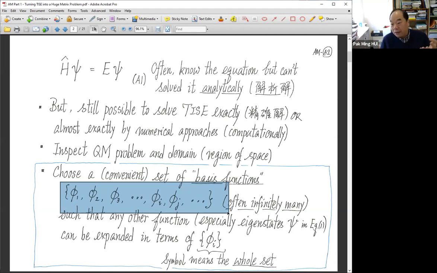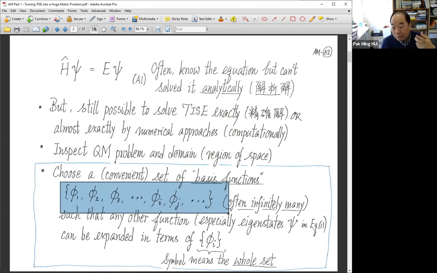Well, usually it is an infinite set, all right? For example, last time I mentioned several problems that you cannot solve exactly. Infinite well with a tilted bottom, okay? Or an infinite well with some wiggling in the potential inside, okay?